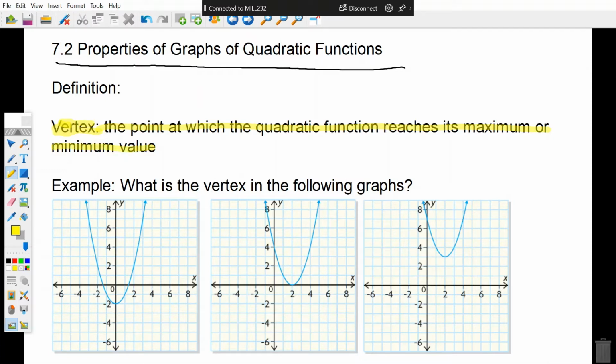Okay? So what we are going to do is look at these three graphs together, and examine what the vertex is. The vertex is always an x, y coordinate, okay? So when we are looking for the vertex, we are looking for the x and y coordinates.